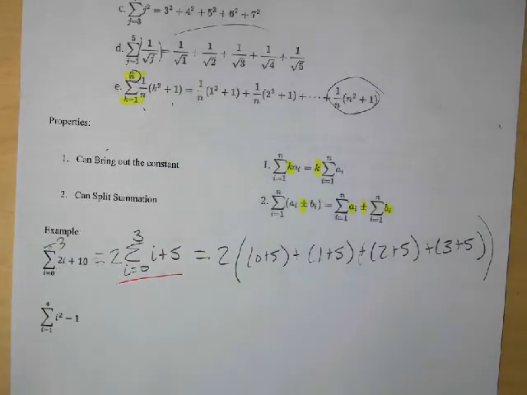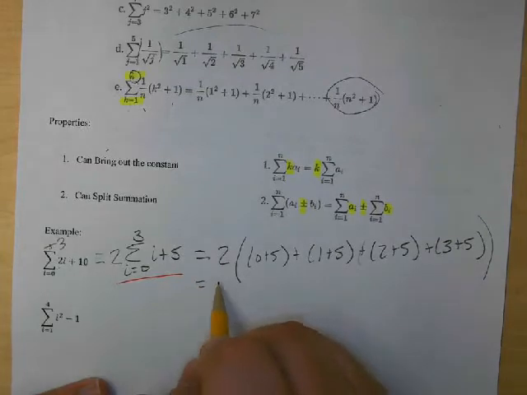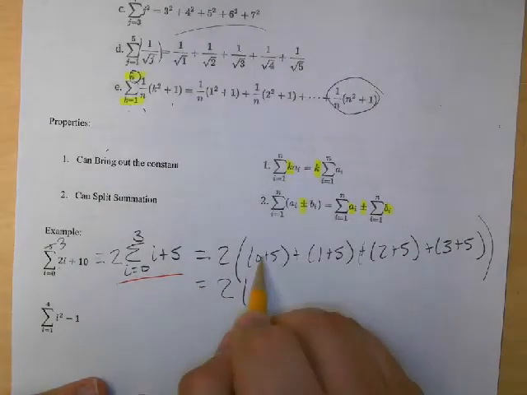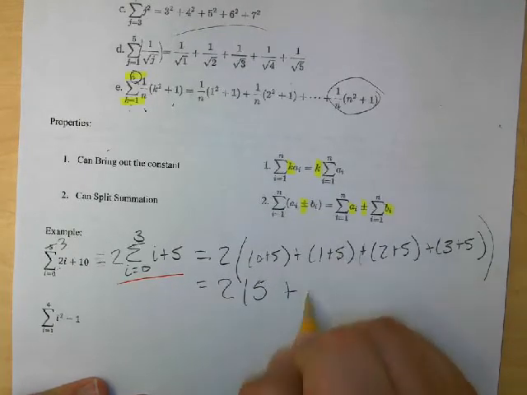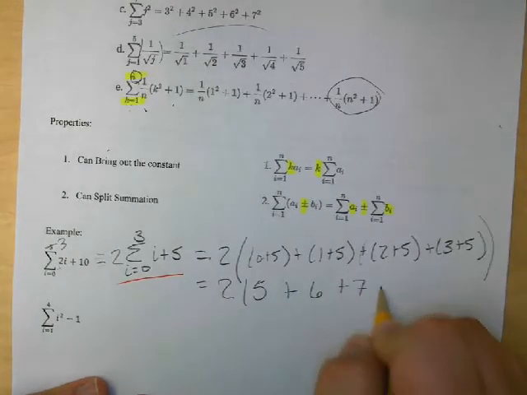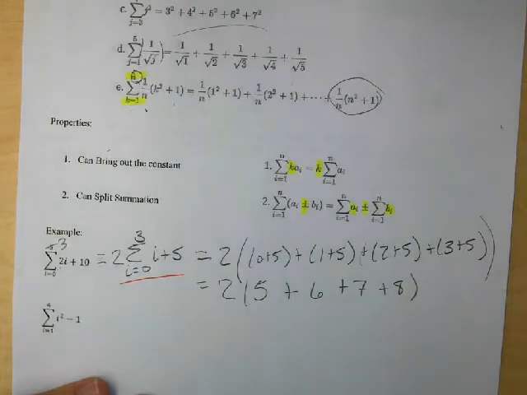Now I can simplify this down. That's just the same thing as 2 times 0 plus 5, that's just 5, plus 6, plus 7, plus 8. 5, 6, 7, 8. Who do we appreciate? All right.